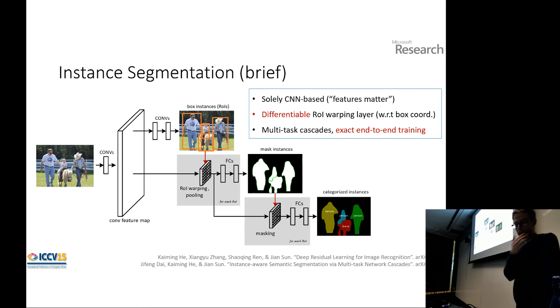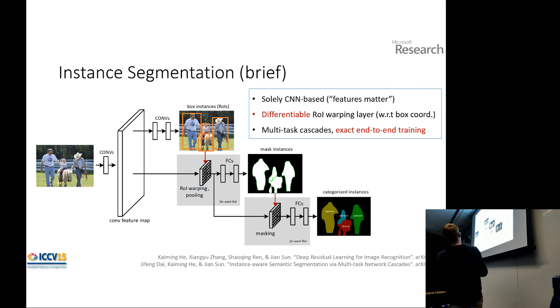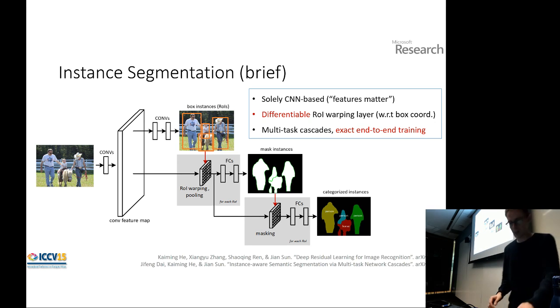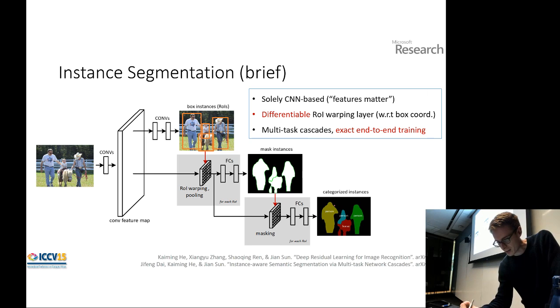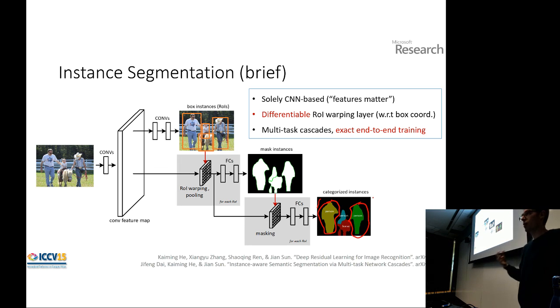And then they were also able to do instance segmentation, where they're trying to not just box the instances, but also find the individual pixels corresponding to those instances. So here, the yellow pixels inside here are a person, and these green pixels are also person pixels, but they're a different person.